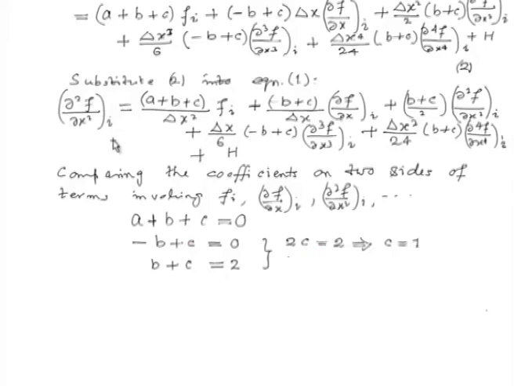B is equal to c, so we get b is equal to c is equal to 1. Substitute these values of b and c in the first equation. So this equation will give us the value of a is equal to minus b minus c, so thereby we get value of minus 2.